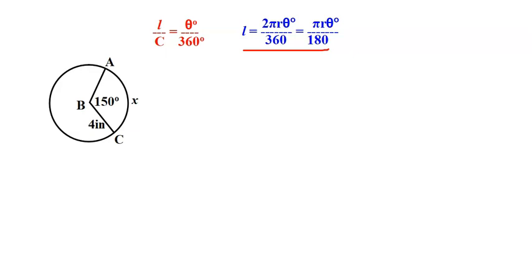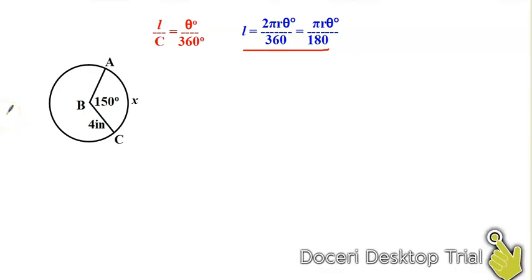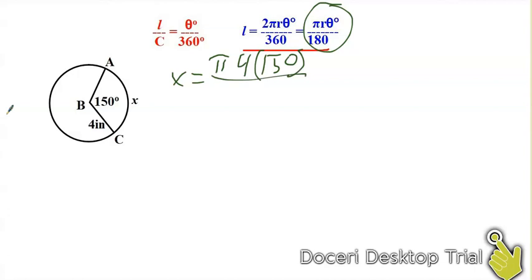All right, so let's take a look. So arc length, I don't know, that's x equals, and I'm going to use this one because it's shorter and easier. So pi times r times the degrees. So pi times r, which is 4, times my angle, which is 150 degrees, over 180.